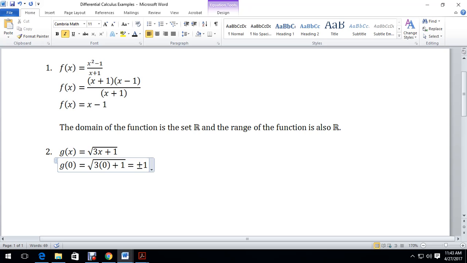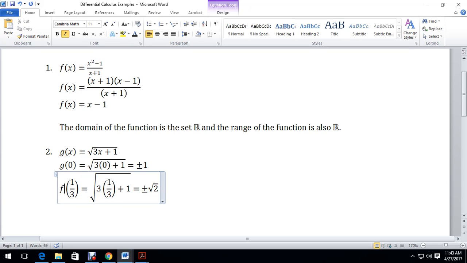So suppose, for example, we assign x equal to 0, then we can have the result 3 times 0 is 0 plus 1, you have square root of 1. And obviously square root of 1 results into two values, one positive 1 and one negative 1, and this is a valid result for g of x. So therefore, we can assign 0 as an element of our domain.